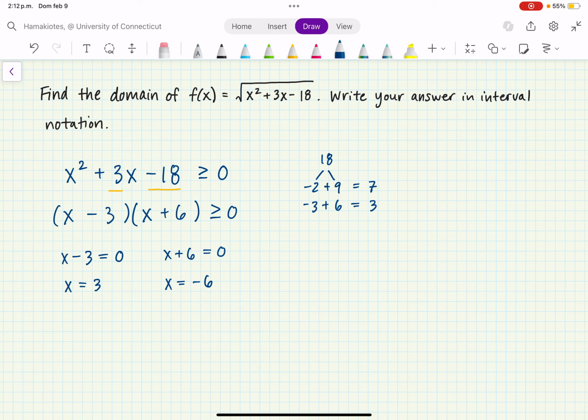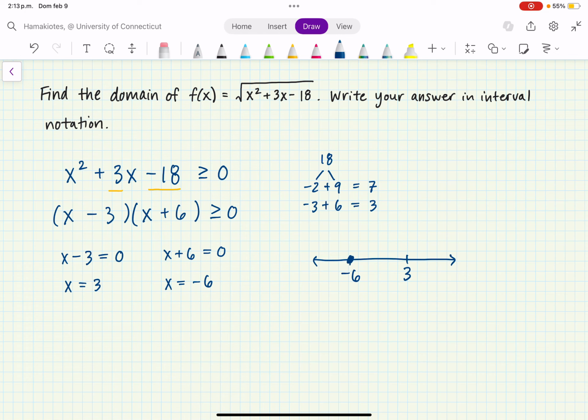So now I can make a number line and add those values, minus 6 and 3. So I know that minus 6 and 3 are included in my domain, because we have that x squared plus 3x minus 18 is greater than or equal to 0.